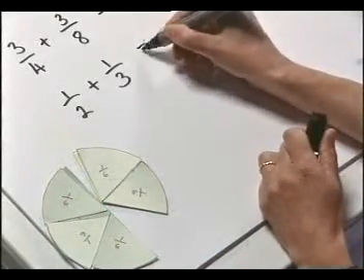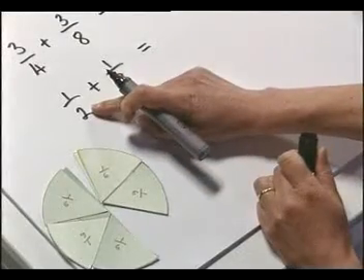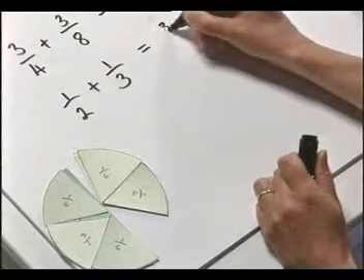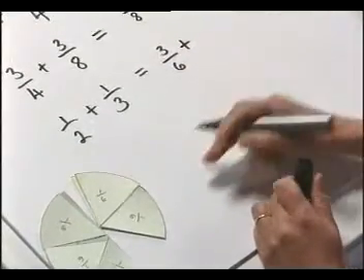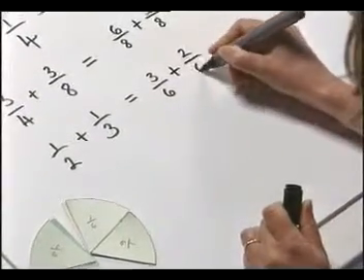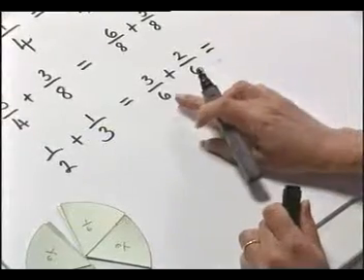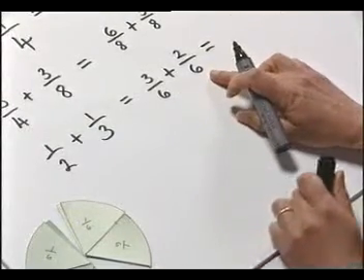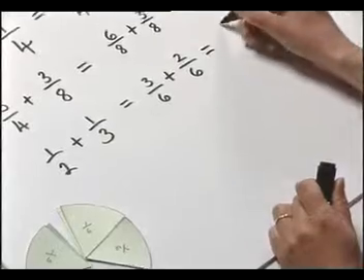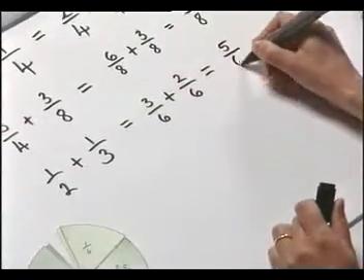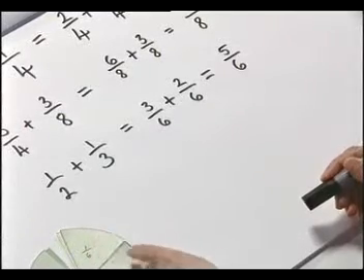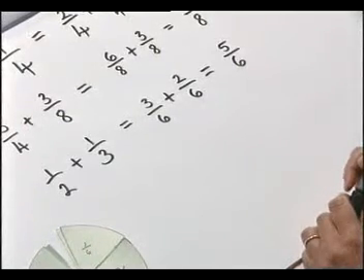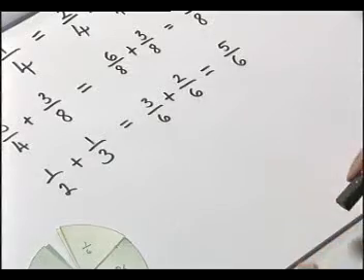So we're finding an equivalent fraction for our half is 3/6, and our third is 2/6. So again, with the denominators now the same, we can just add the numerators, and we see we've got a total of 5/6. 3 plus 2 giving us 5. Let's try another one now.